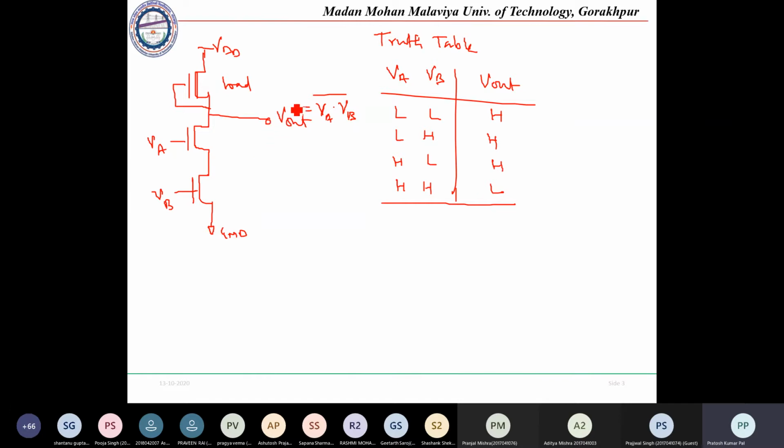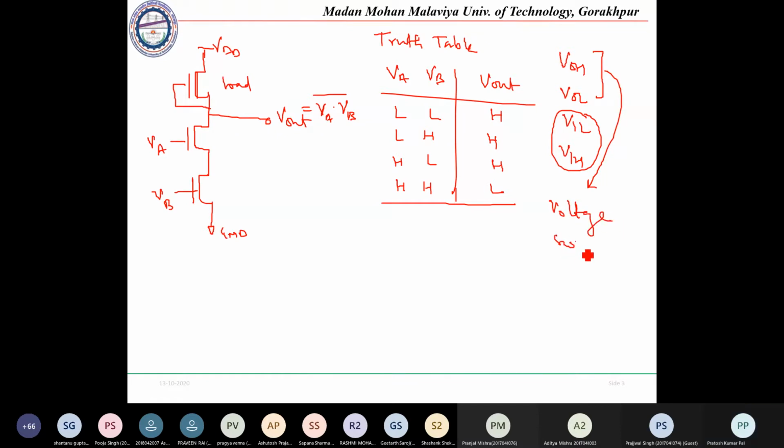Our analysis is in terms of different critical voltages like VOH, VOL, VIL, and VIH. VIL and VIH are not that important, but the important voltage points are VOH and VOL, because they give you the voltage swing. The voltage swing is given by the highest value we get, VOH, and the lowest value we get, VOL. So to find the voltage swing of a circuit, we require the VOH value and the VOL value.